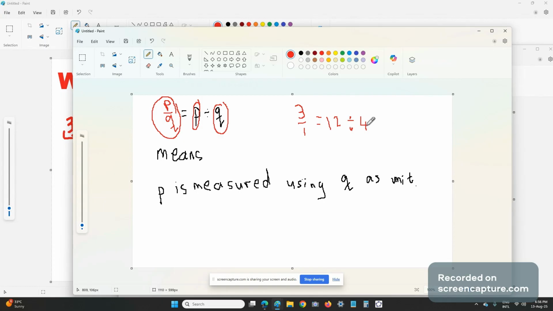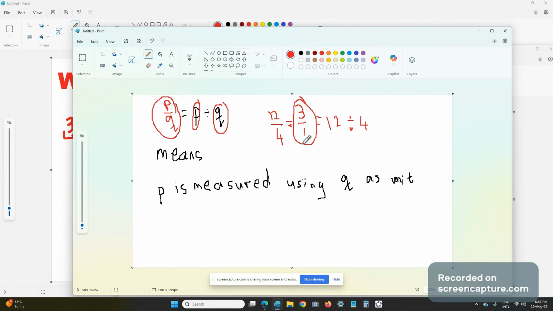And of course, we could have written this also as just 12 over 4. That's fine, no problem, because 12 over 4 is equal to 3 over 1. See, all that I've done here is I've done some cancellation. But these two here are equivalent fractions.